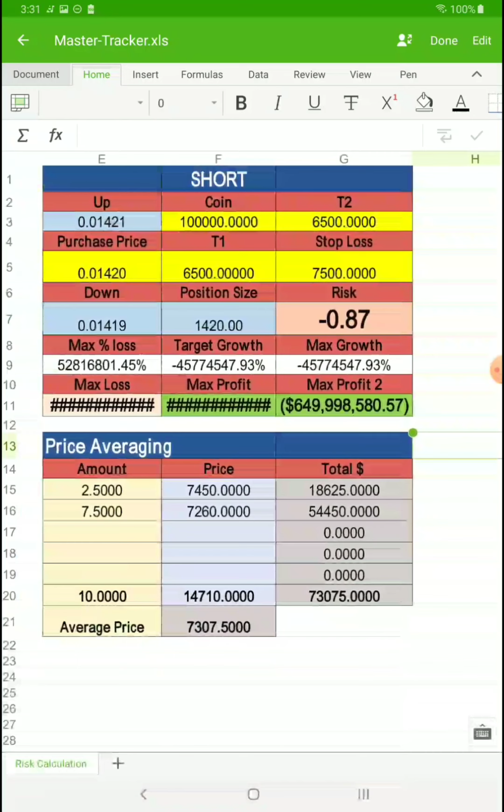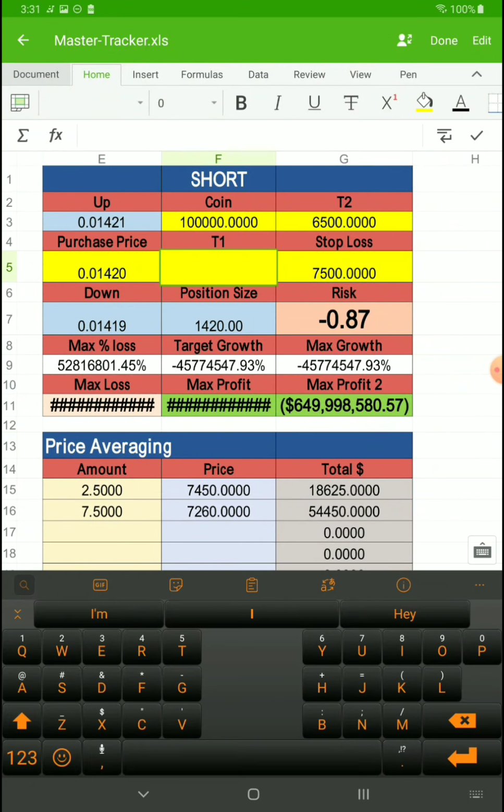You know what? I've been using this Excel spreadsheet for 3 years and I've not changed a single thing. It is quite the Excel spreadsheet. The up and the down factors and fees of 0.2% on the old Bitfinex, which I should probably delete. So our target 1 is 0.013. Okay? That's our target 1.